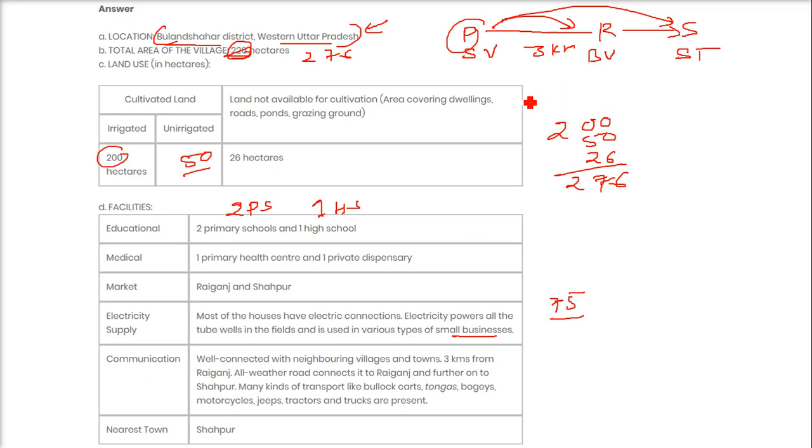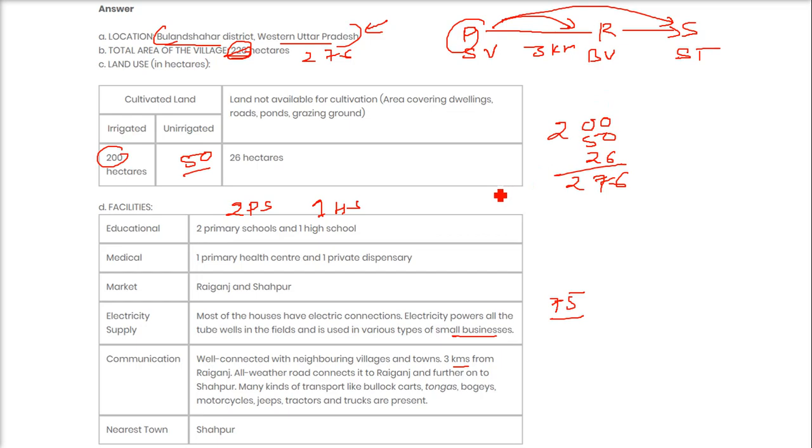Then communication. There can be 2 types of communication. That is the linkage between different areas or regions, and also the communication, that is the proper talking, phone etc. So it is well connected with the neighboring villages and towns, as we have seen 3 kilometers from Raiganj. And the roads are all weather roads.